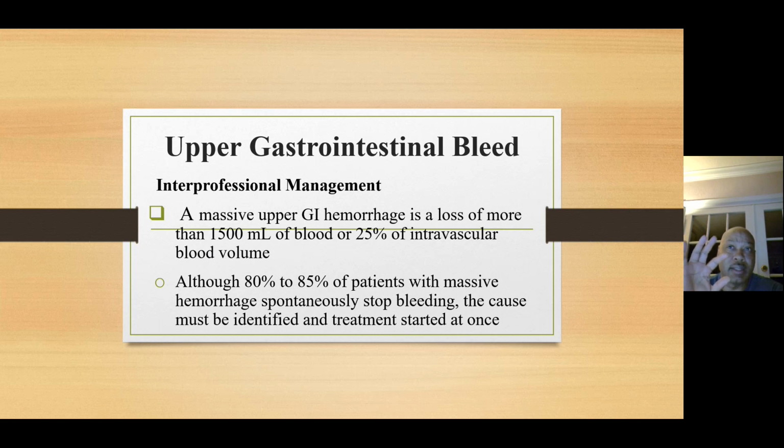Remember that the range is, I believe, 2 to 6 or 2 to 8. If it's on the very low end, we're talking about dehydration or low volume. If it's on the high end, then we're talking about fluid volume excess, or fluid overload, if you will.